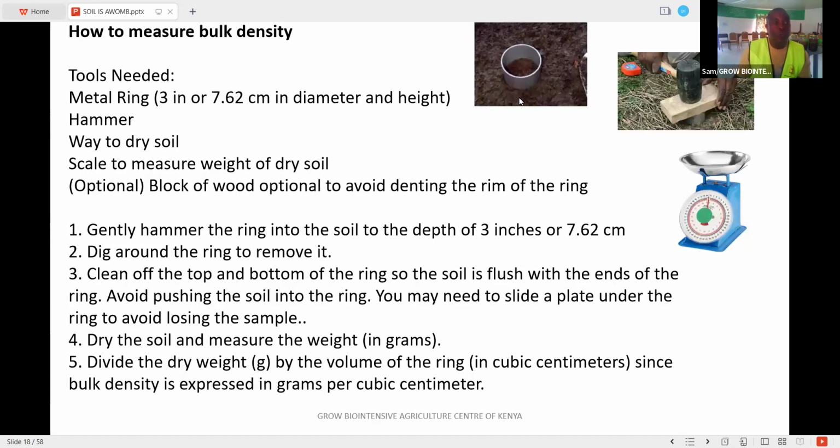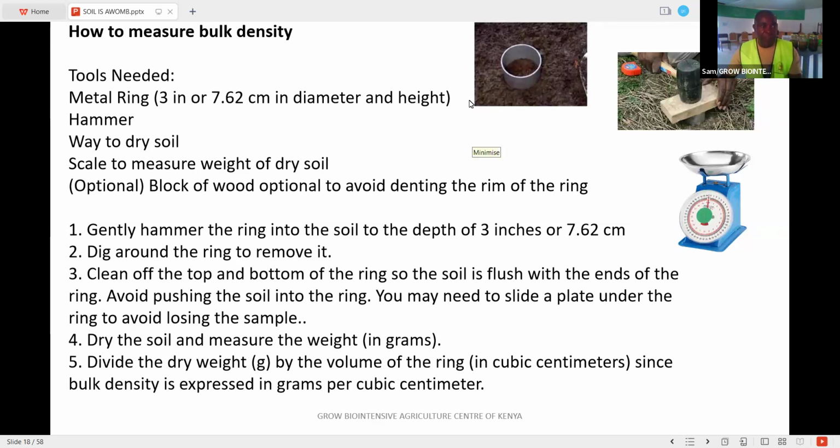So how do you measure bulk density? There are simple equipments that you'll have. You need a metal ring, which, it doesn't matter the size because the mathematics will be calculated out of that.